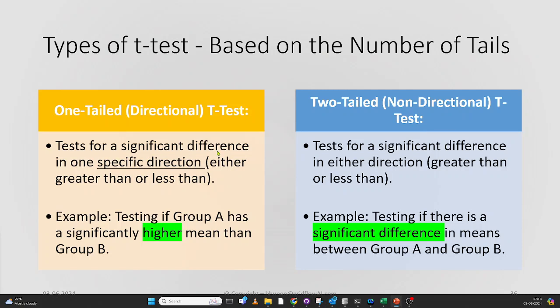Here we are looking for a difference in one direction. For example, group A has a mean which is greater than the mean of group B. That's an example of a directional t-test, or rather a one-tailed test. A two-tailed test would be where there is no direction. It could either be left or right, greater than or less than.